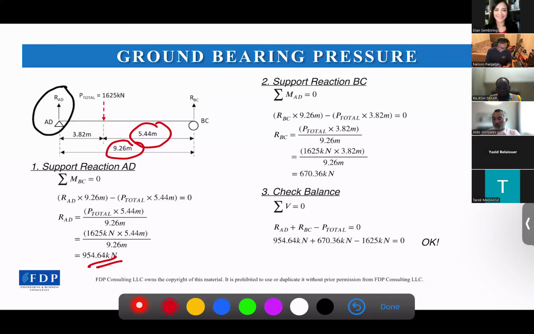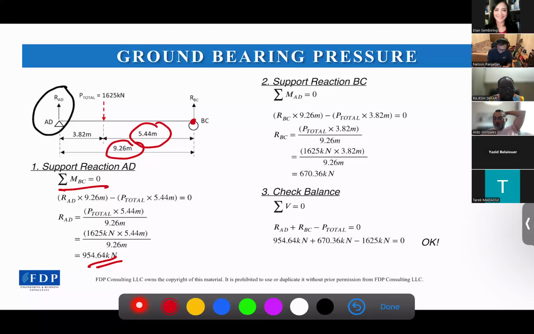So if we want to calculate the support reaction at AD, then we will use the total moment at BC here equals 0. What are the moment forces that can be caused at the point BC?